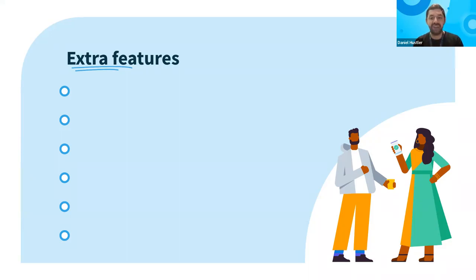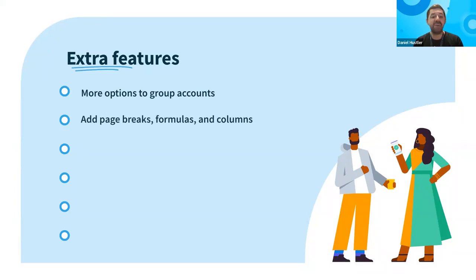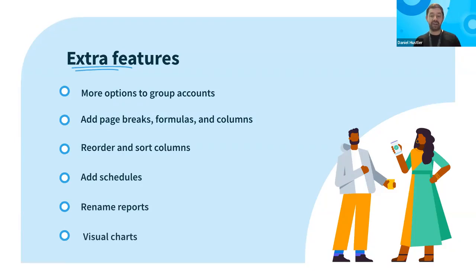Some of the extra features available in new reports include more options for grouping accounts. It includes the ability to add page breaks, formulas, and columns, the ability to reorder and sort columns, add schedules, rename reports, and even visual charts on many of our new common formats, and we'll be adding even more over time.